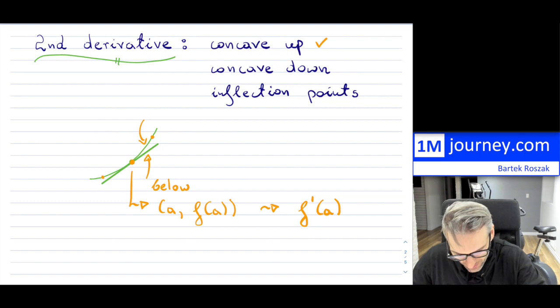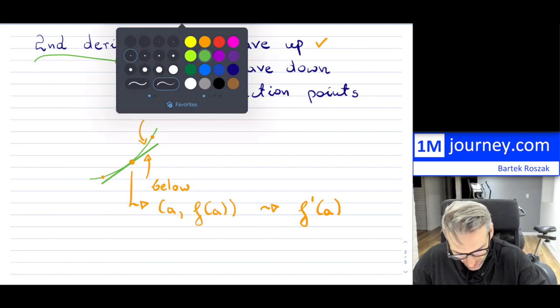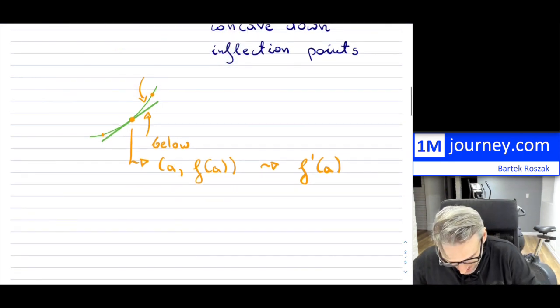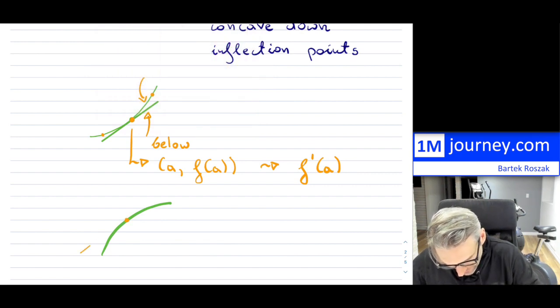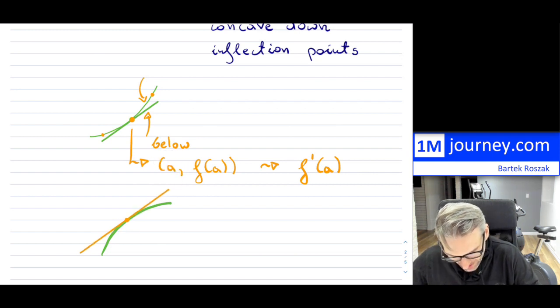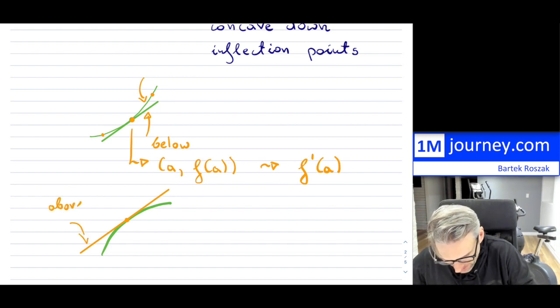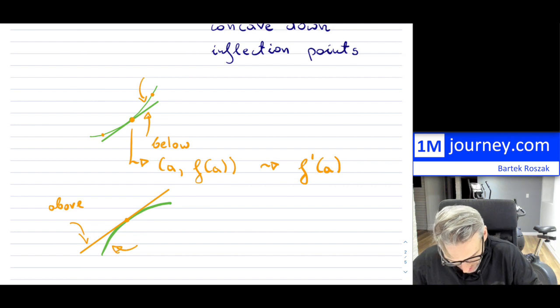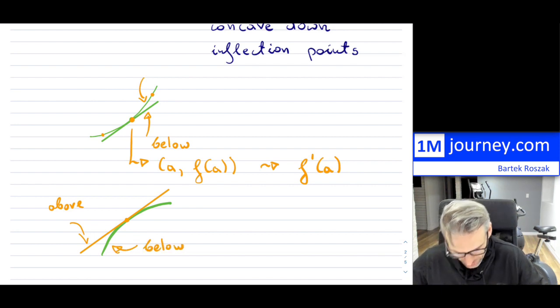Now, concave down, you can probably decipher that. That means that if your function is moving along like this, and again you find any point in here and create a tangent line, now all of a sudden your tangent line is above, and your function is below.